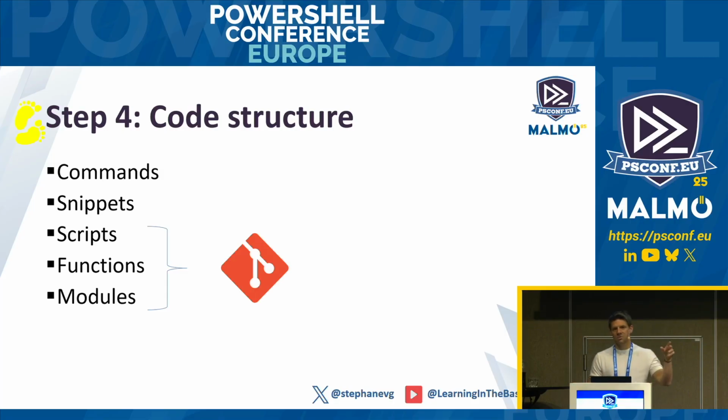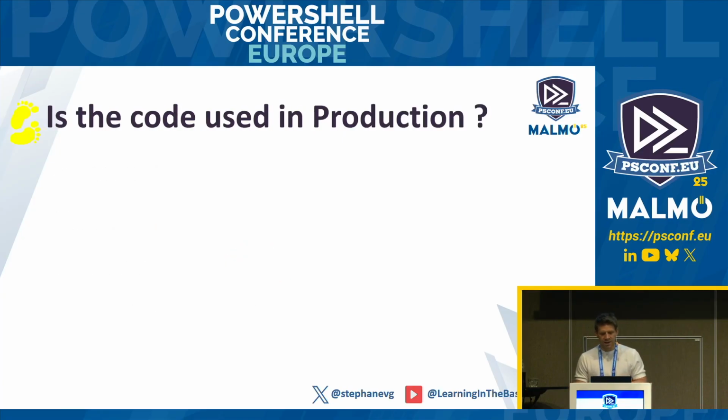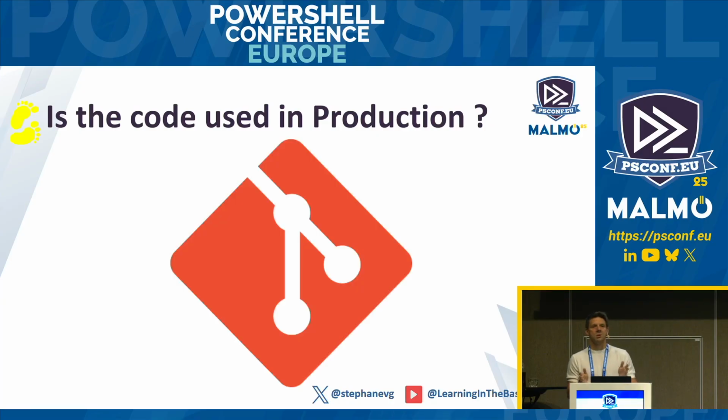Maybe not individual functions, but functions that are part of a script or a module. If you have a doubt whether you should put something in Git, the only question is: is this code used in production? If yes, then put it in Git. That's it.